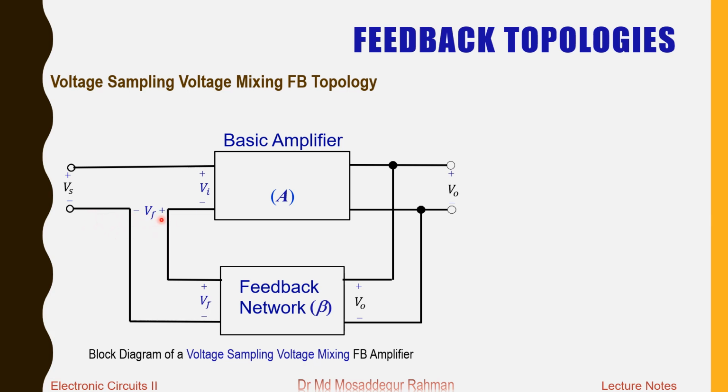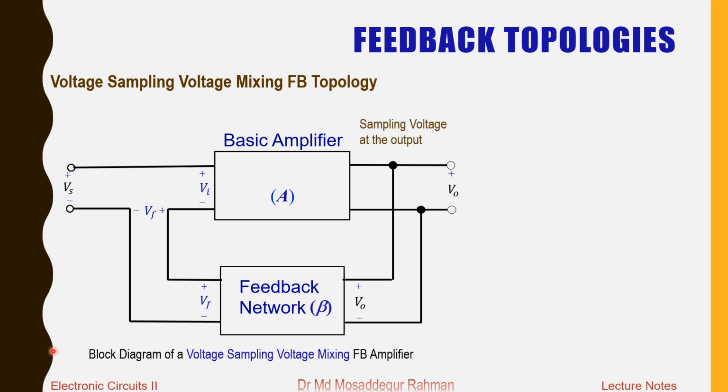And for that, this voltage Vf is put in series with the Vs. Don't put it in parallel, because that way you don't get the difference, you get the same voltage. So these two voltages are put in series. However, the connection at the output side is a shunt connection.